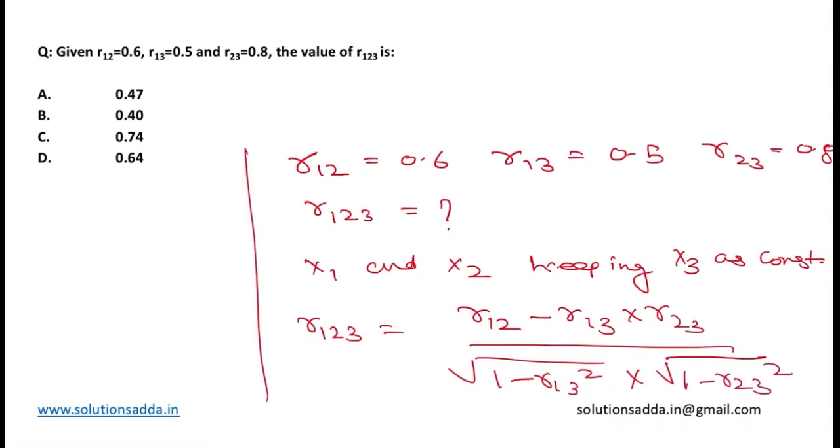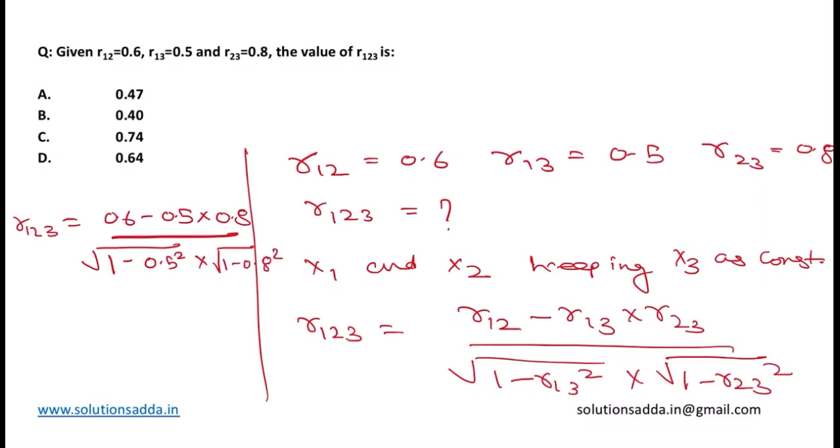While solving this, R123 equals 0.6 minus 0.5 into 0.8, divided by square root of 1 minus 0.5 square into 1 minus 0.8 square.